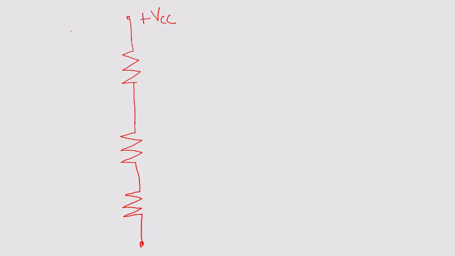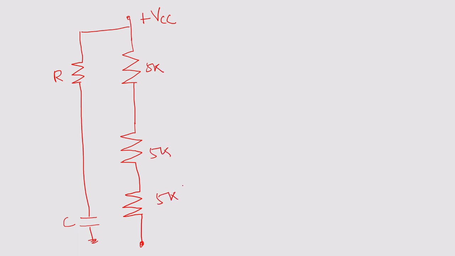Then connect one RC network. Connect this capacitor at the bottom. Name the elements: R and C, this is 5K, this is 5K, and this is 5K.